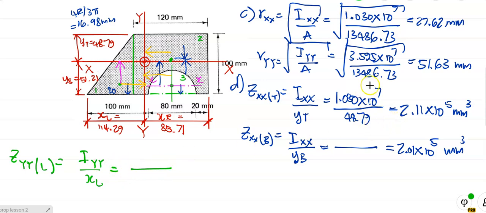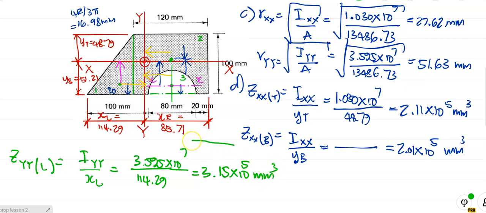What's IYY? IYY is 3.595 times 10 to the power 7 over X left, which is 114.29, and I'm going to get 3.595 exponent 7 divided by 114.29, and I get 3.15 times 10 to the power 5 millimeters cubed.